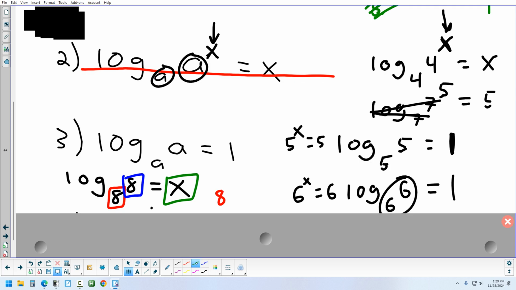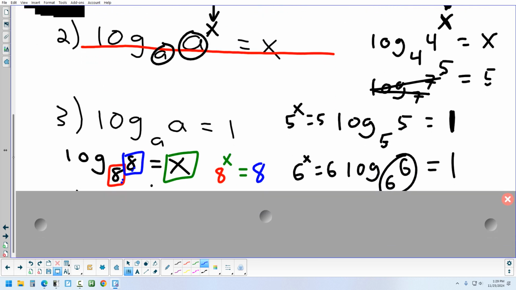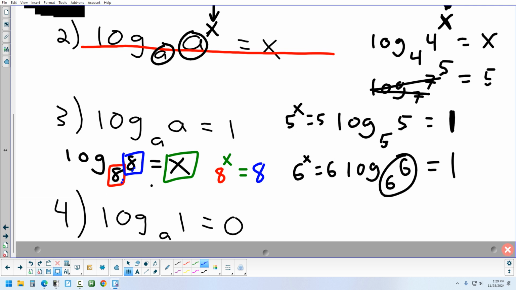X. And which box is my argument? 8, the blue one. That's what that means. 8 to what power would give you 8? It's always 1 if these two numbers match. It's just a quick way to do it. These are all quick patterns that if you see them, you automatically know the answer.